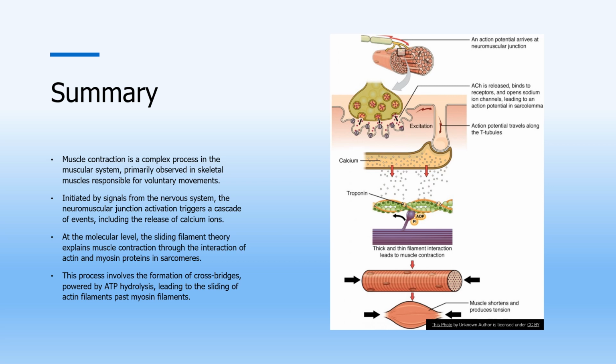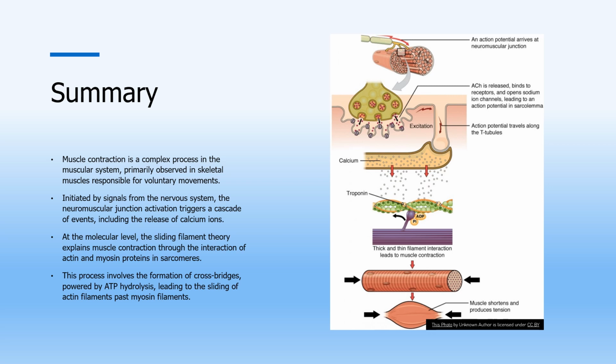The neuromuscular junction activation triggers a cascade of events, including the release of calcium ions. At the molecular level, the sliding filament theory explains muscle contraction through the interaction of actin and myosin proteins in sarcomeres. This process involves the formation of cross bridges powered by ATP hydrolysis, leading to the sliding of actin filaments past myosin filaments.